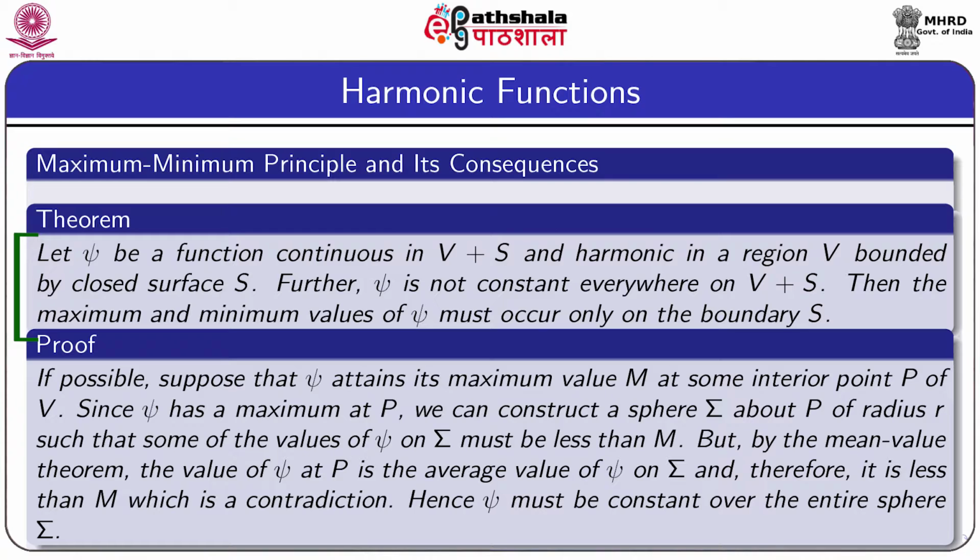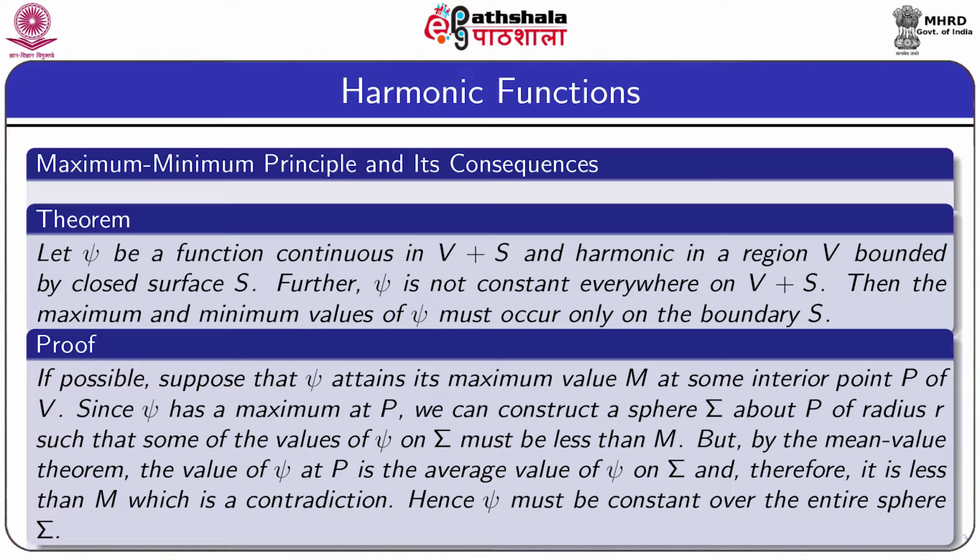This theorem states that if psi is a continuous function in V plus S and it is harmonic in the region V, which is bounded by the closed surface S, and we also assume that psi is not constant everywhere on V plus S, then the maximum and minimum values of psi must occur on the boundary.